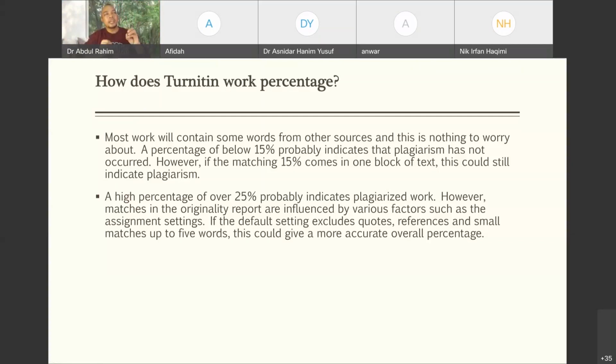So there are different ways of interpreting 50% in this context: 50% from many areas of similarity, or 50% from one single paragraph, for example. Of course, if it's from one single paragraph, that is plagiarism, very dangerous.